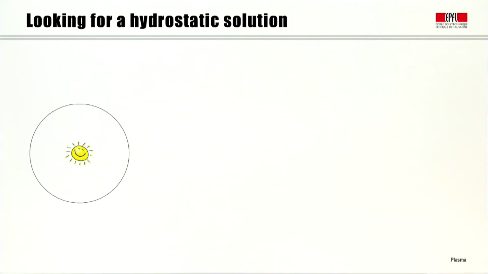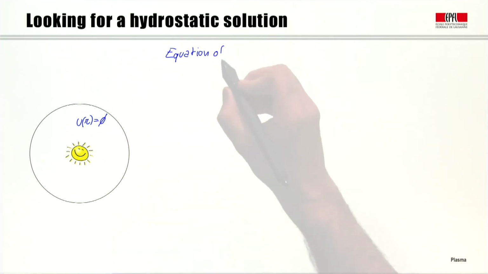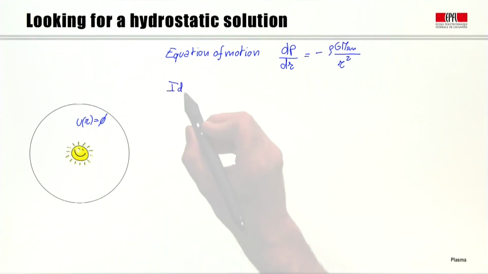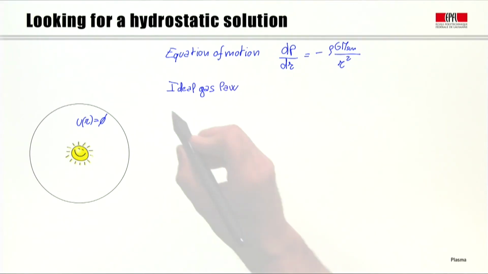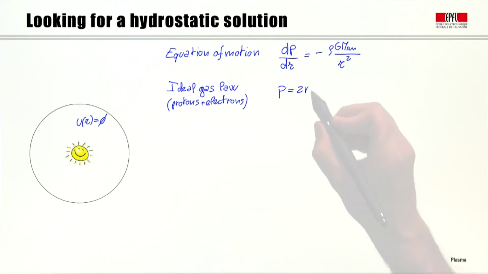Let's now look for a hydrostatic solution by making the hypothesis that the wind has 0 velocity. By dropping the radial velocity in the previous equation, we can write the equation of motion. We can then assume that we can treat the plasma in the solar wind as an ideal gas, using the ideal gas law for protons plus electrons.